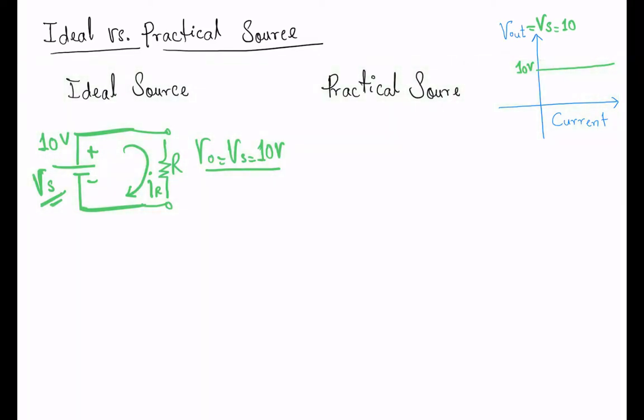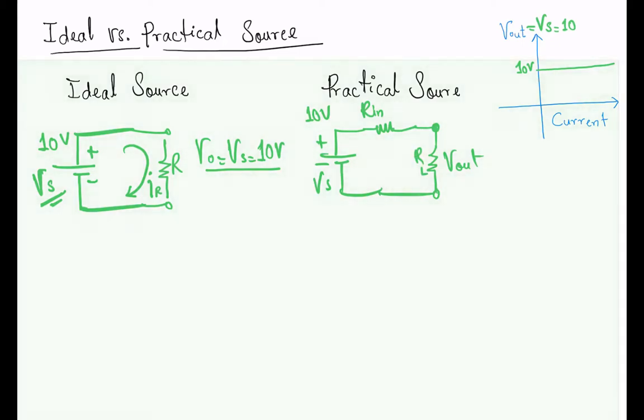Then what is a practical source? Well, whenever you hook up your circuit to a power supply in labs, remember those power supplies have some internal resistance. I'm going to call it RIN. So say again you have Vs rated at 10 volts, and I connect the output terminals to some load RL.